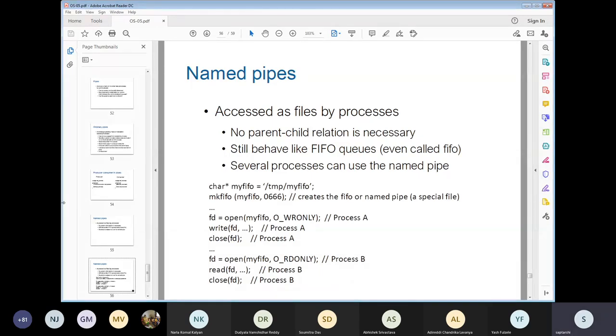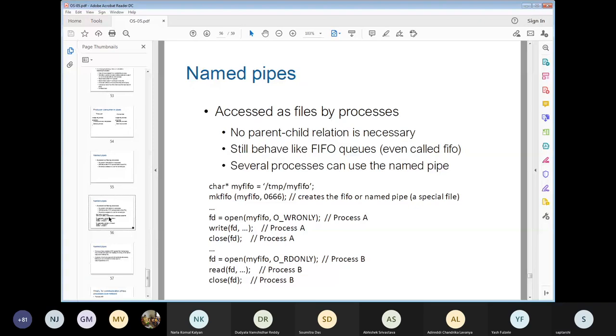So this is how things work. I think you are familiar with this code because you have done the second assignment. Here there's a char pointer, like a temporary file, and you create this FIFO pipe using mkfifo, and you have to give permissions.